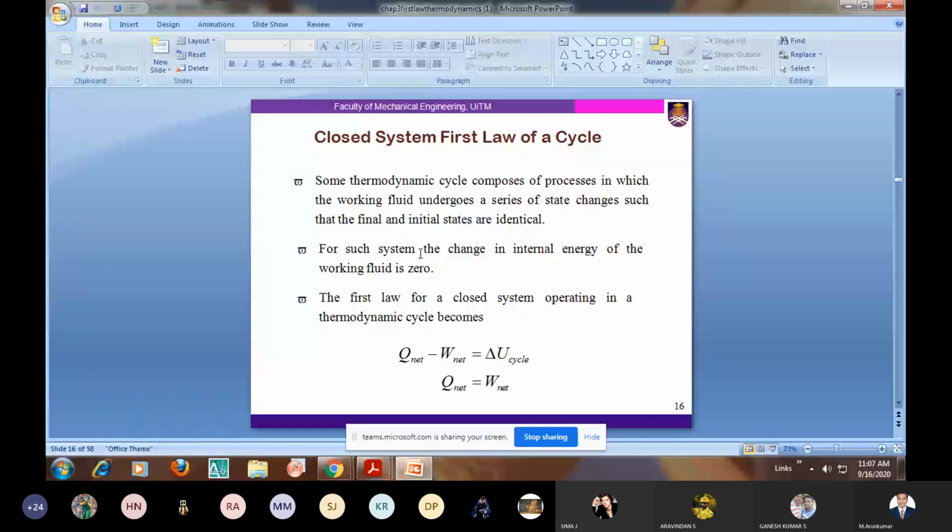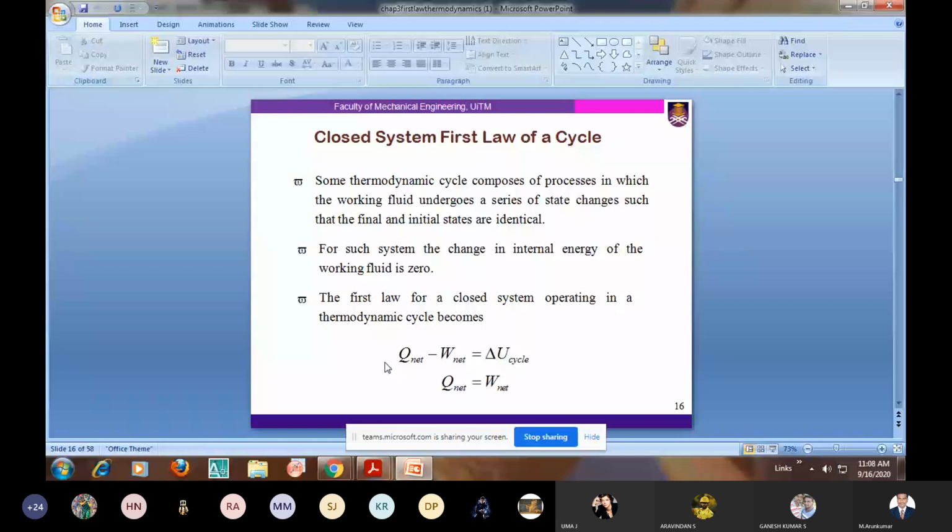Then the first law for a closed system of a thermodynamic cycle becomes Q net, the net heat transfer to the system, minus W net. Net in the sense of all the processes. There will be 2-3 processes, so first process heat transfer plus second process heat transfer plus third process heat transfer can be added to get our Q net.